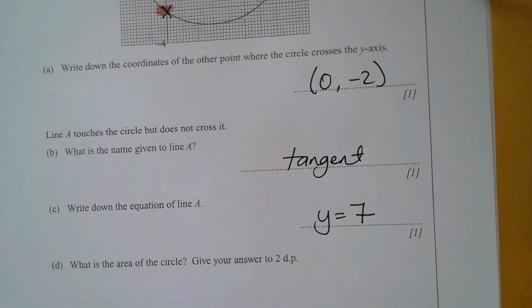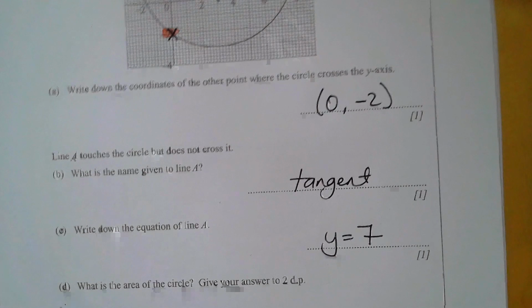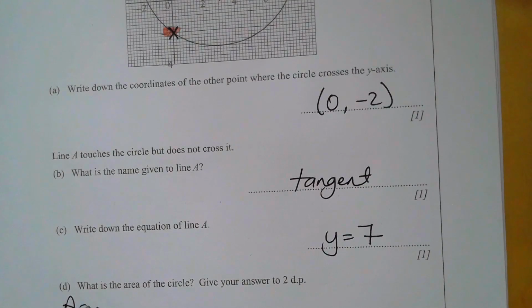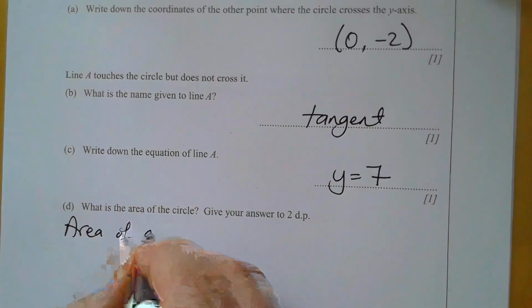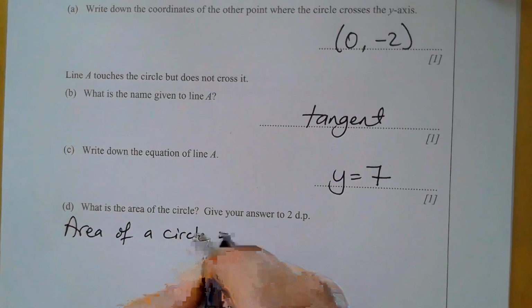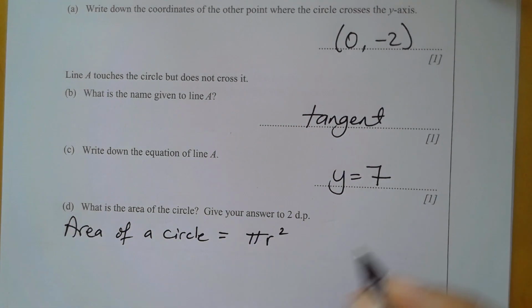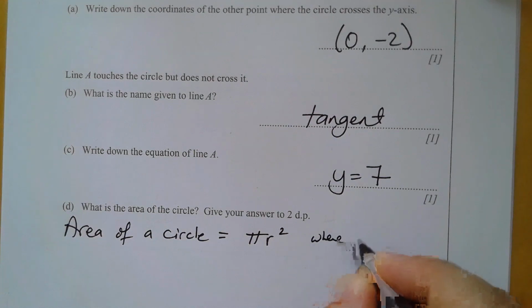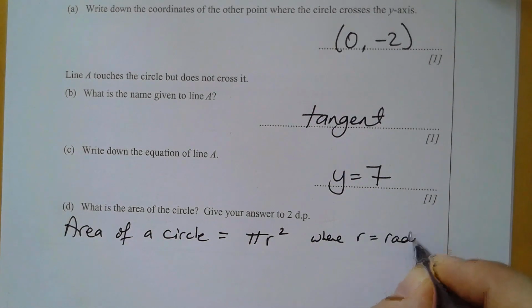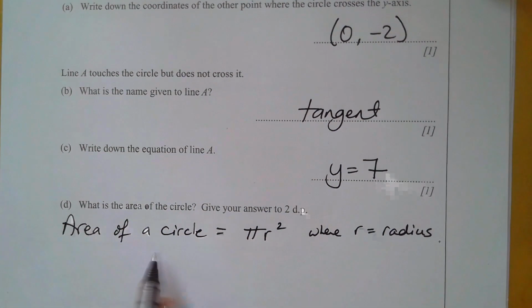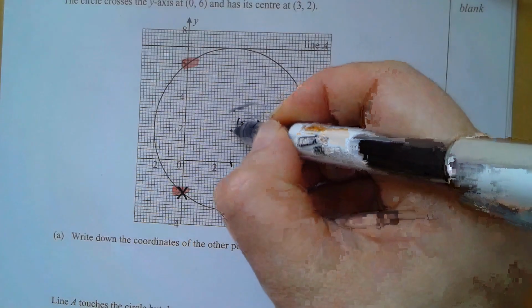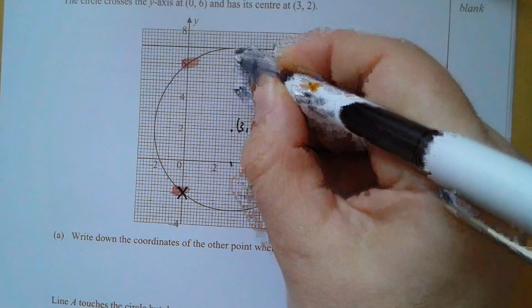Area of a circle. What's the formula? So to work out the area of the circle, I need to find out what r is. R is my radius. What's my radius? Well, it's the distance from the midpoint to the edge.